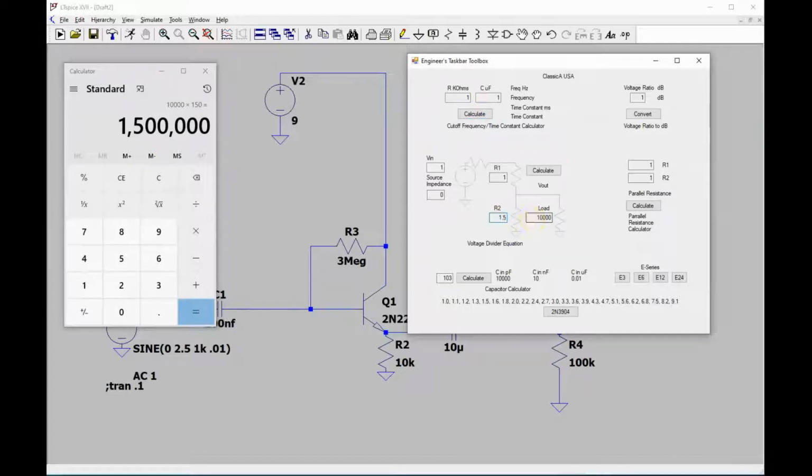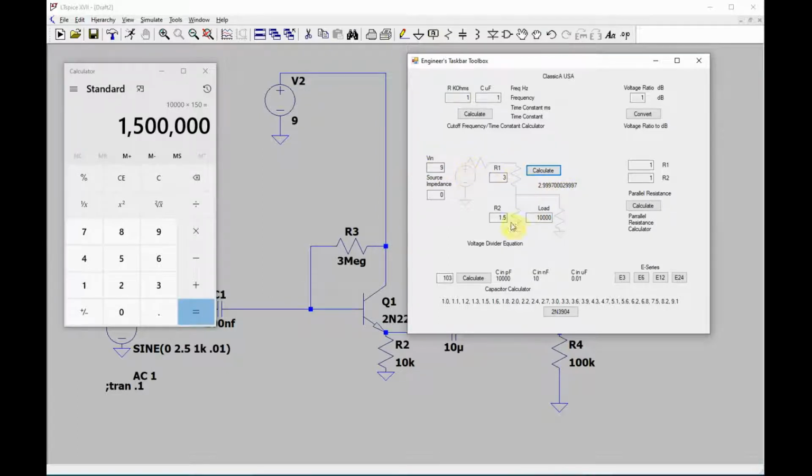So we're going to put 1.5 here, and we're going to put 3 here. So this is sort of the biasing we're using this at. We're saying that that voltage is going to be 9 volts.